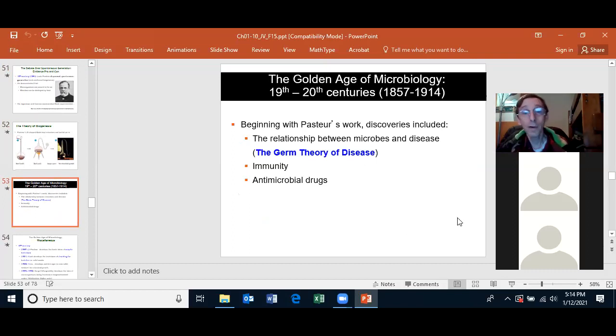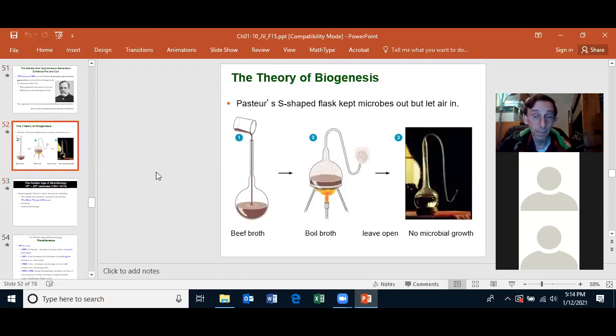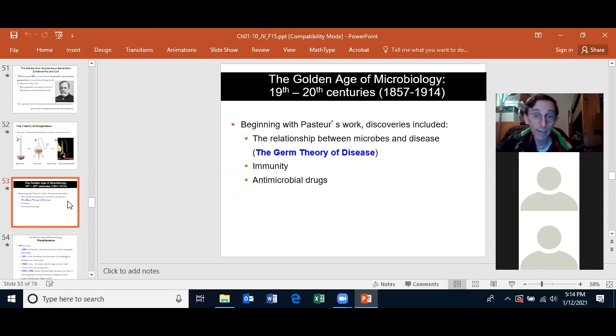Well, with that work, which, like I said, early microbiology was largely concerned with, could microbes, microbiological organisms, spontaneously generate or not? And then Louis Pasteur disproved it. Well, after that work, there came an explosion of data or information in microbiology.